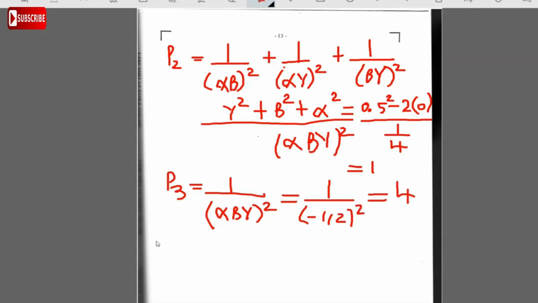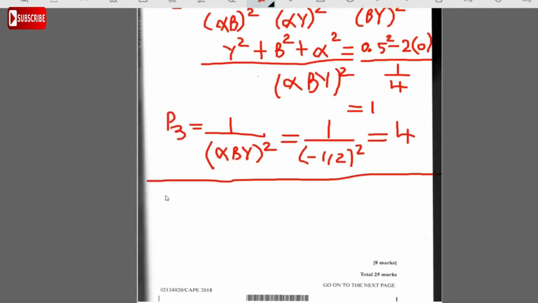And so the new cubic equation, let's write it here. The new cubic equation will be given by x cubed minus the sum of the roots.